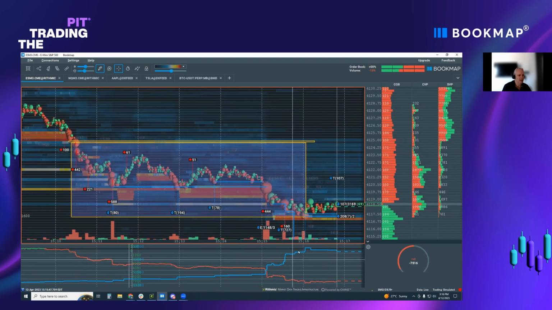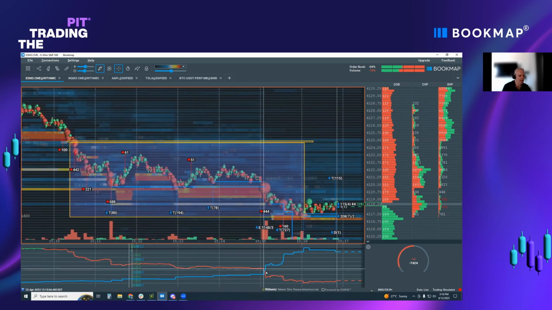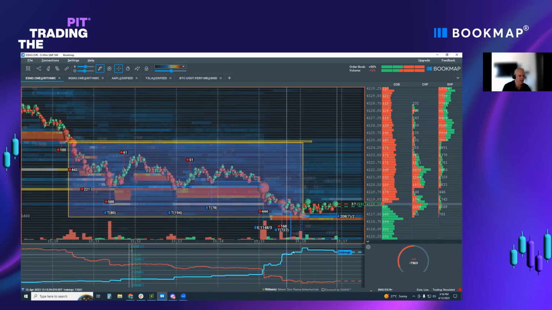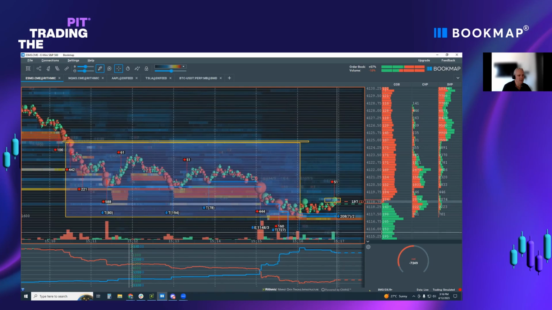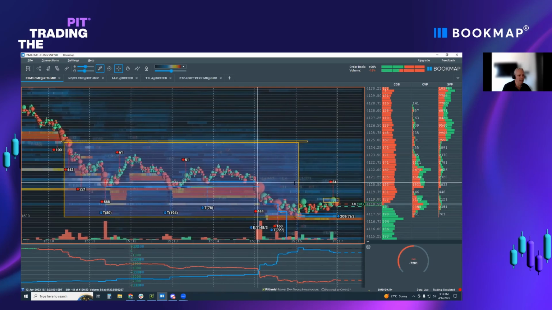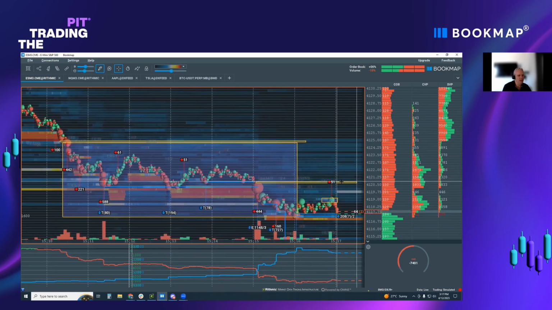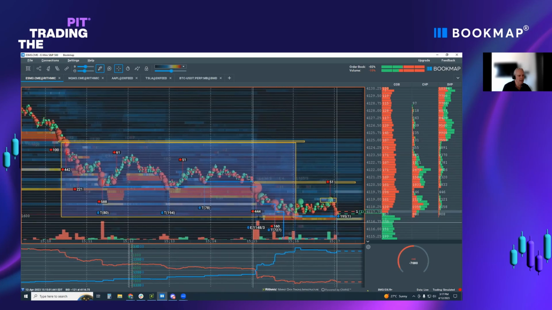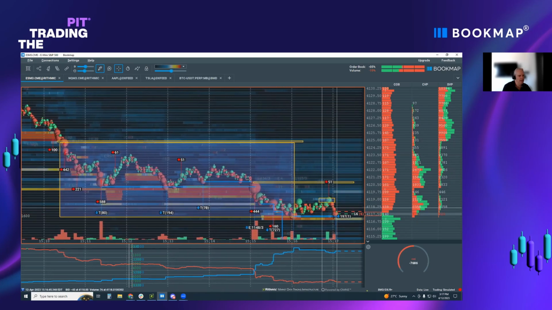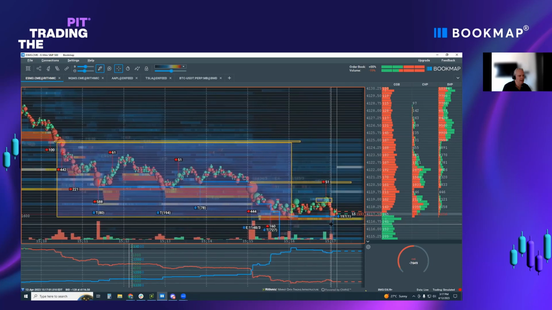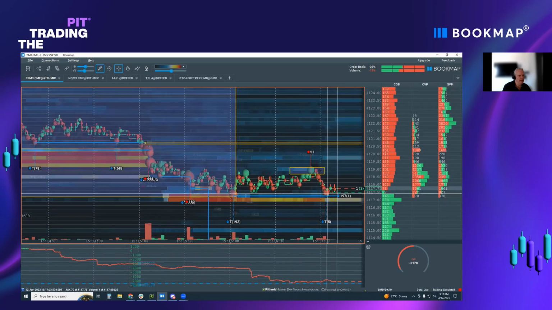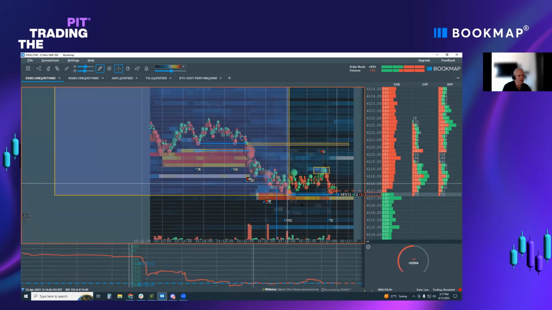So look again, we have that context, people getting stopped out, and an iceberg in here absorbing. Here they go. I'm looking for them now to move it right back up to here to 21. Let's see if they can do that. Nope, not yet. Okay, let's see if we can get a retest back up here at 19.